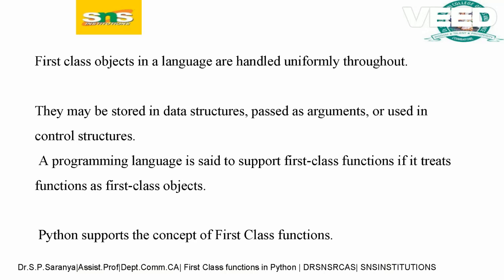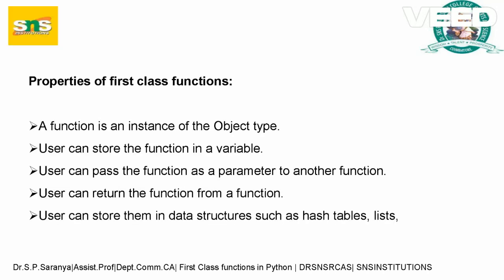A programming language is said to support first class functions if it treats functions as first class objects. They may be stored in data structures, passed as arguments, or used in control structures. So Python supports the concept of first class functions. What are the properties of a first class function?